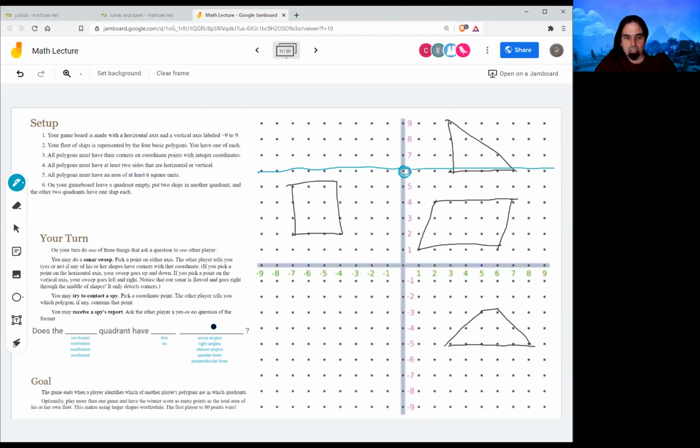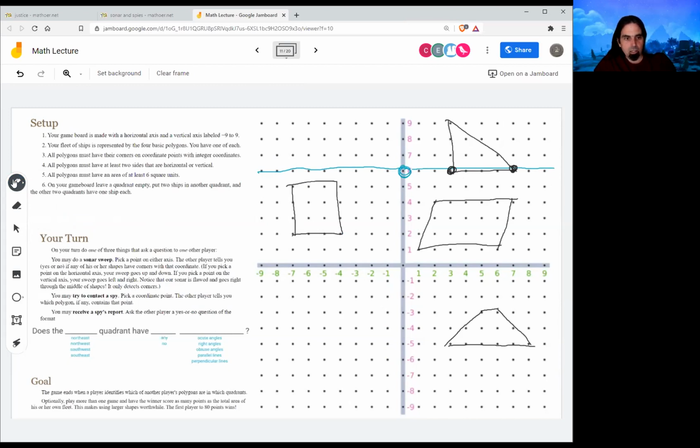and the other team has to tell you, are there any corners on that axis? It's just a yes or no question. They would say, yes, at least one of my shapes has at least 1 corner on that line you drew. Or they would say, no, your sonar sweep missed. Notice that this goes right through the middle of shapes.